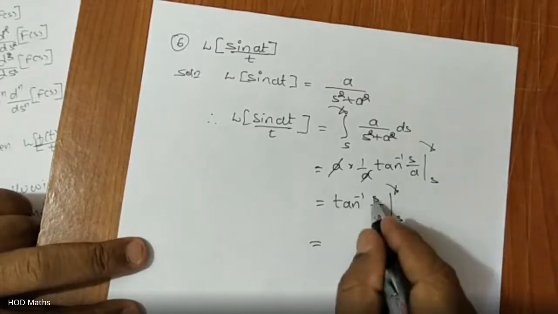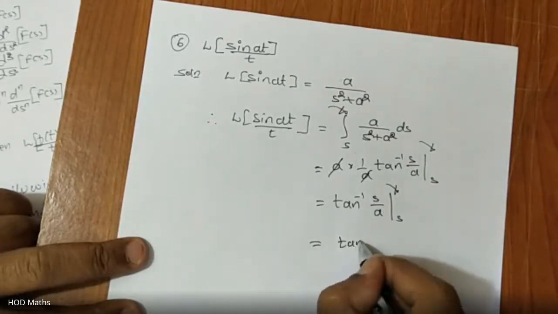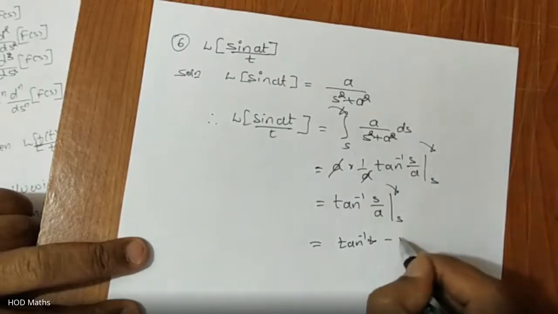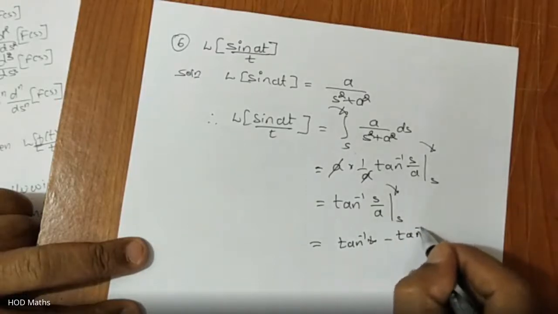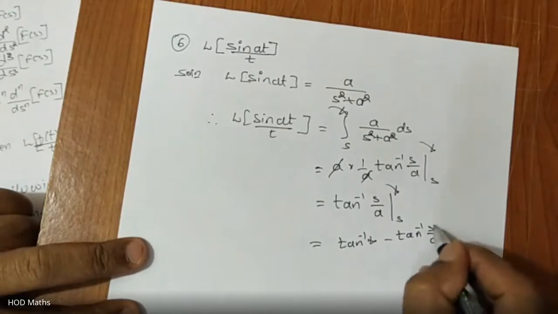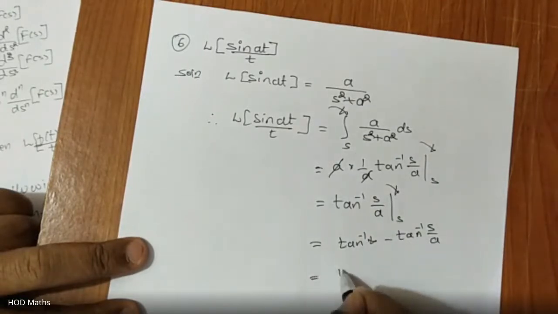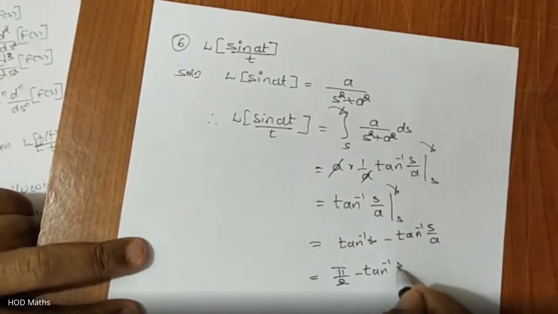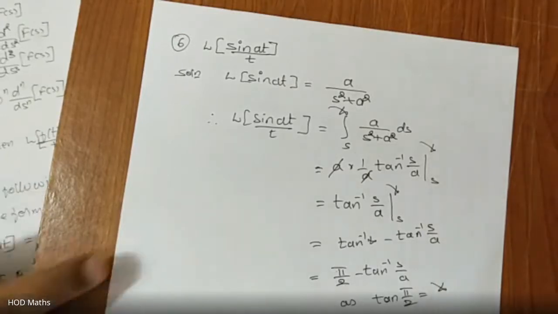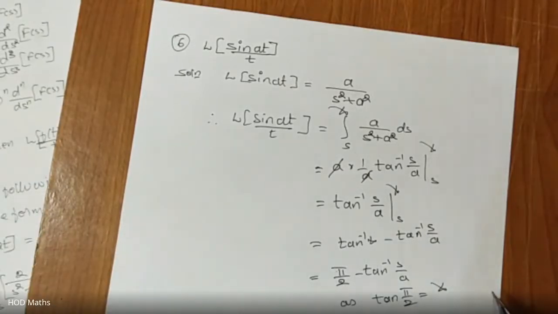If I put S equal to infinity, I get tan inverse infinity minus tan inverse S by A. Right. So tan inverse infinity is pi by 2, as tan pi by 2 is infinity.